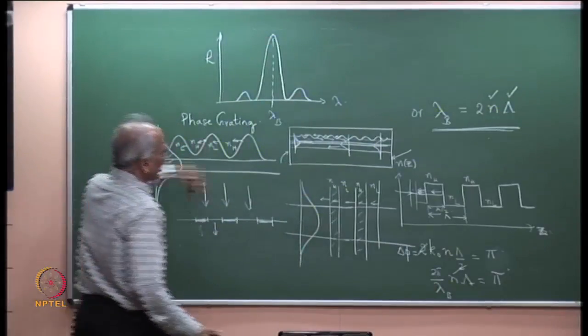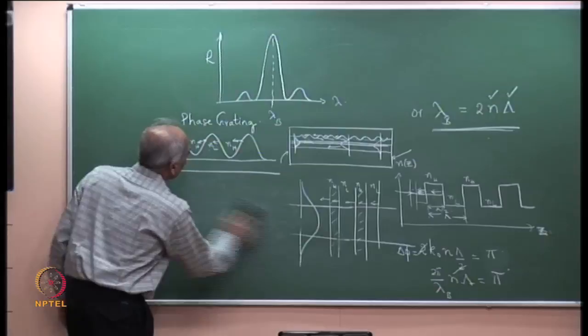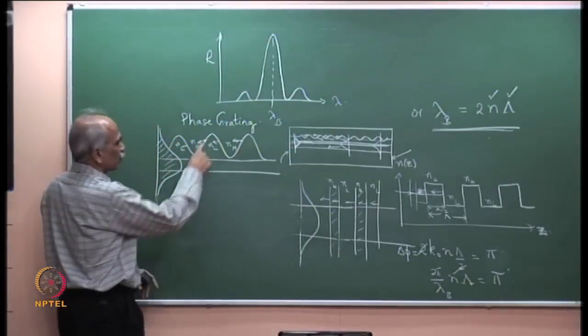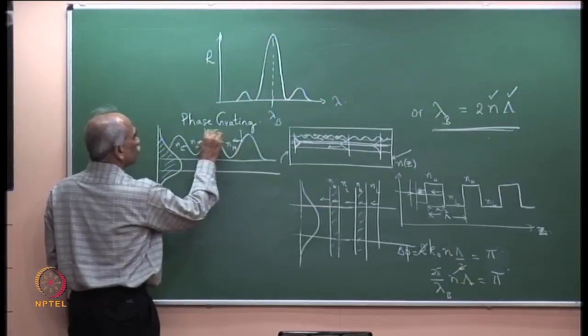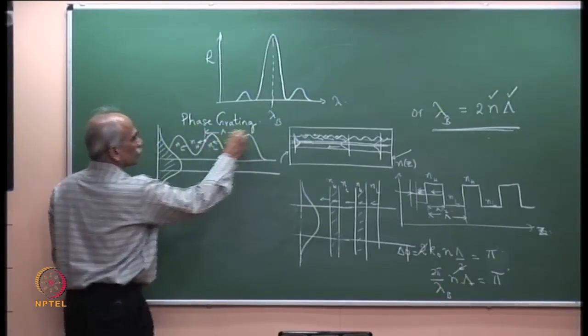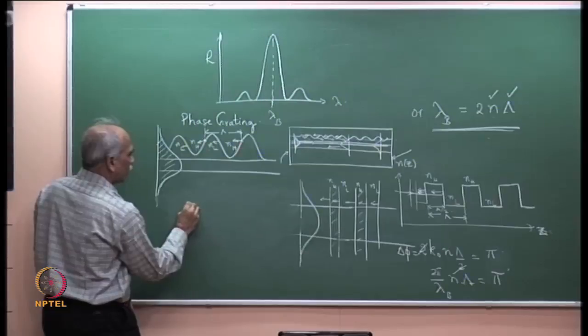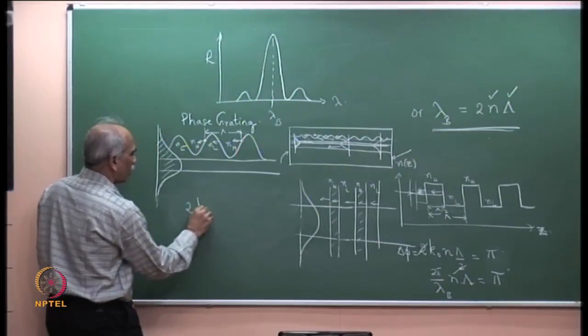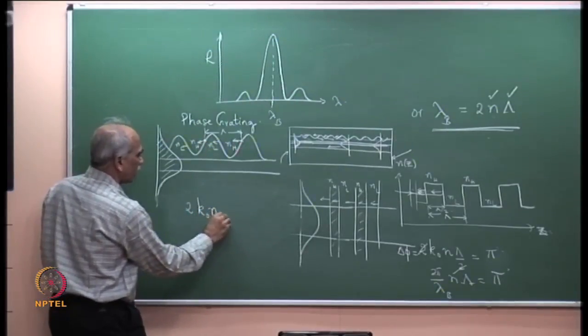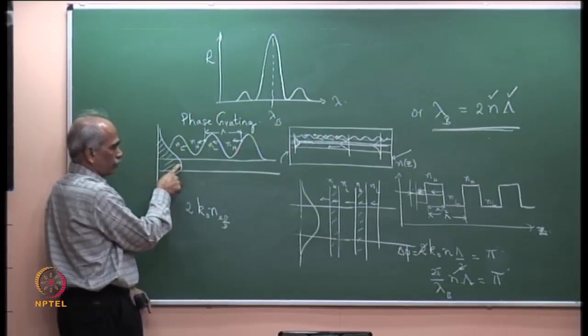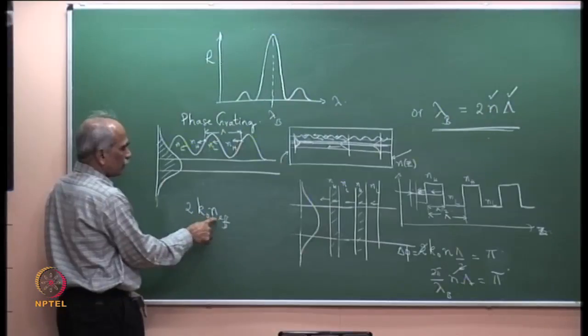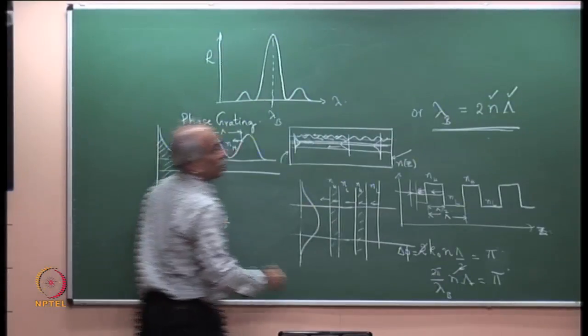So, in a periodic structure, the condition is written like this. These are two identical phase points, and this is lambda. You can show that 2 times k naught into n effective. Now, n effective, because it is the effective index of the mode. It is not a plane wave.